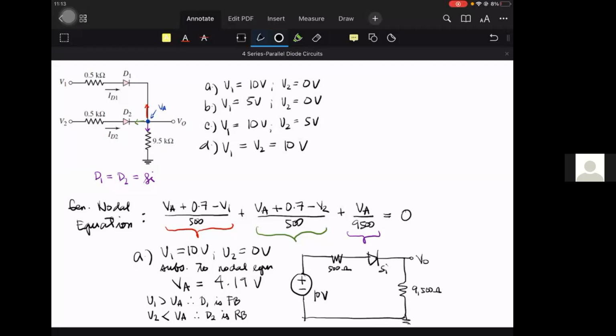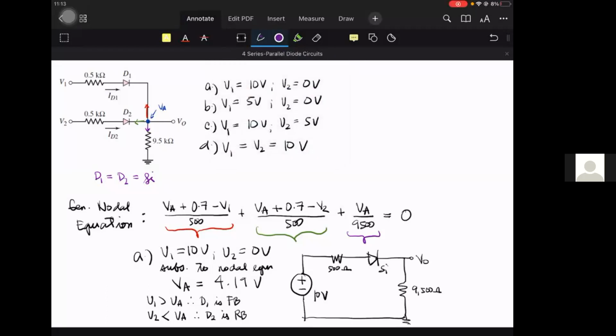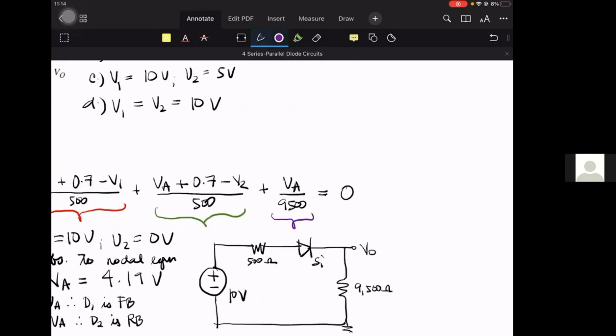So the original value we got for VA has no bearing anymore, because we came up with our nodal equation with the assumption that D1 and D2 are forward bias. Because it turned out that D2 is reverse bias, the 4.19 can no longer be used. So we redraw the circuit and solve for VO differently.